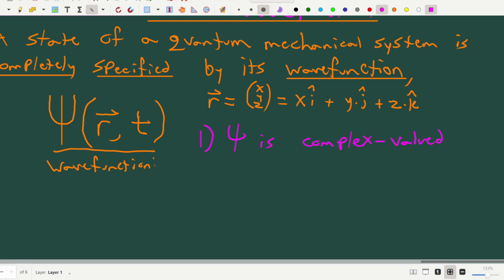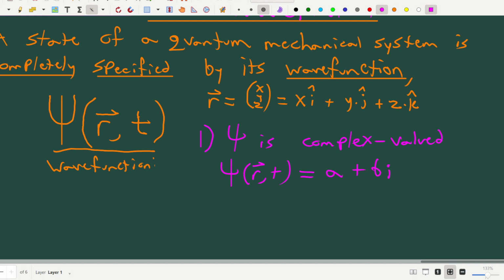Right? That means it's not real, it's complex. So you can think of, if you put in a value psi of r and t, this is going to be some complex number a plus bi. It's a complex number. Right?